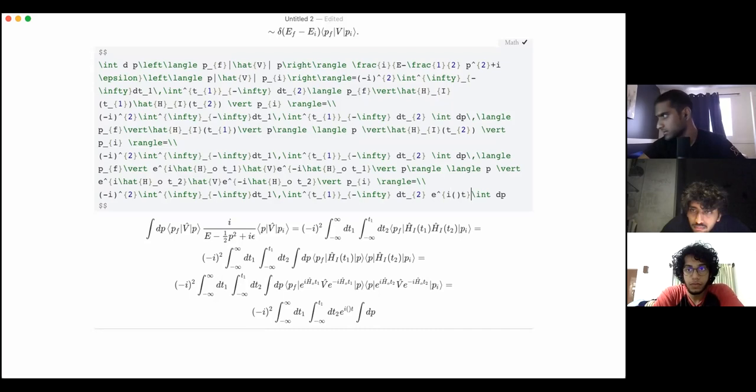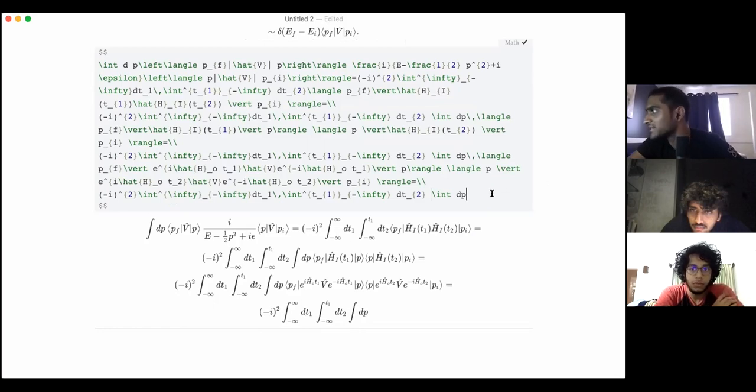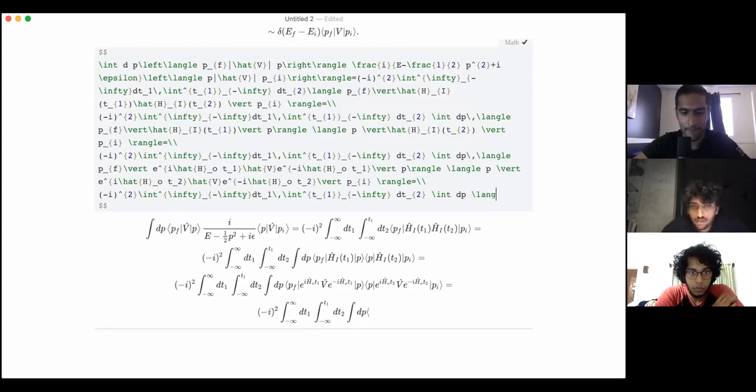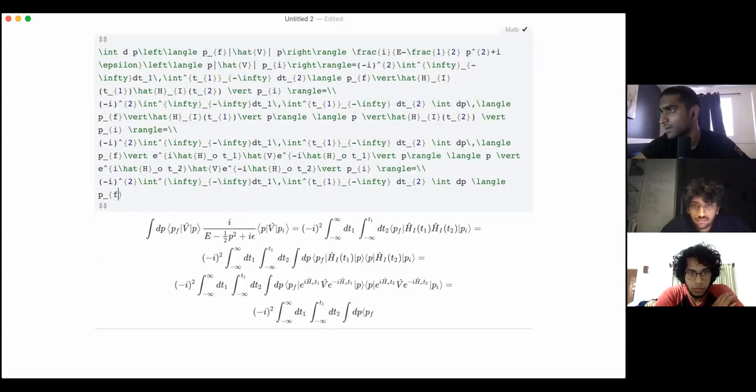Actually, let's not. Let's just get the e's to come out near their definition, replacing them where they stand with the eigenvalues instead of the operators.